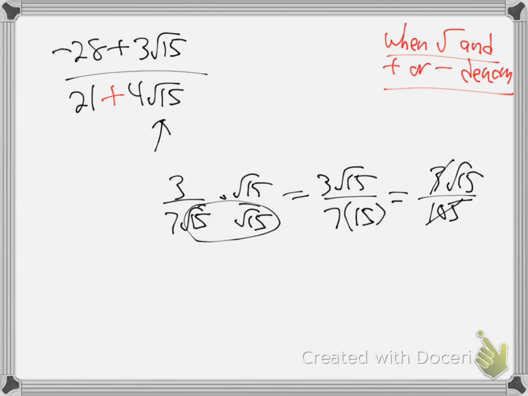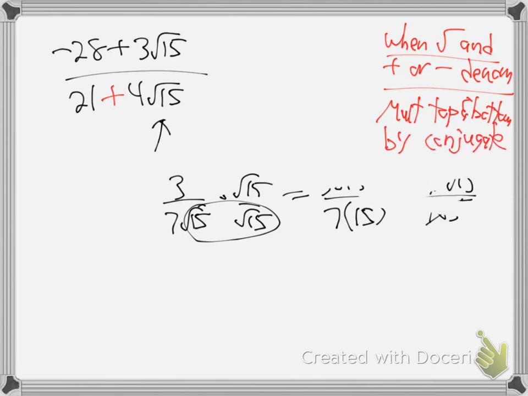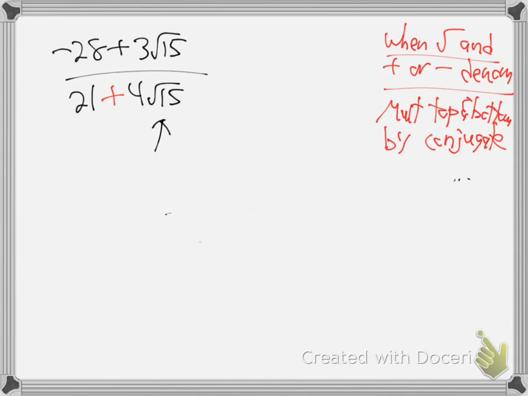So you multiply top and bottom by what's called the conjugate. What does that mean? That means opposite sign in the middle. Same as the denominator, opposite sign in the middle.